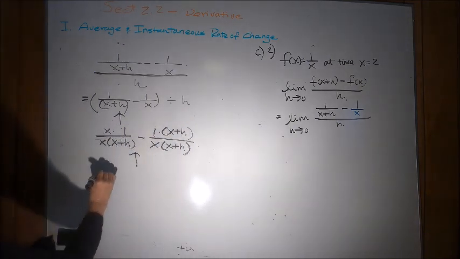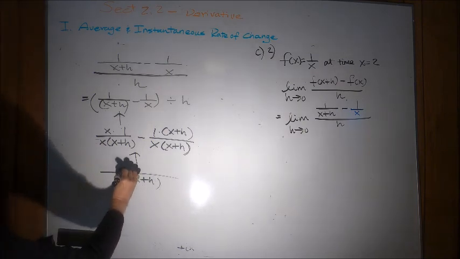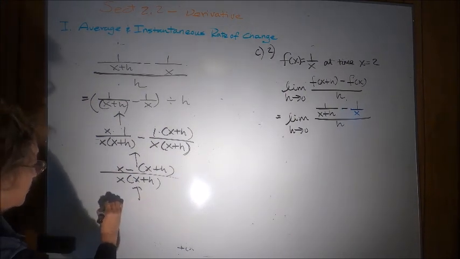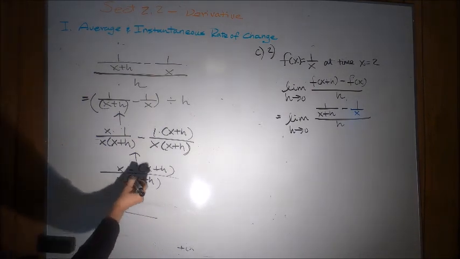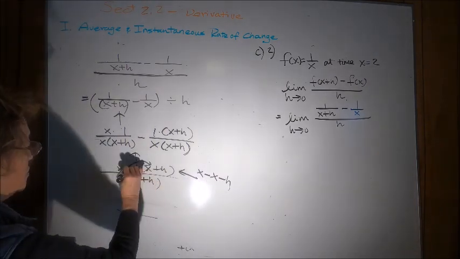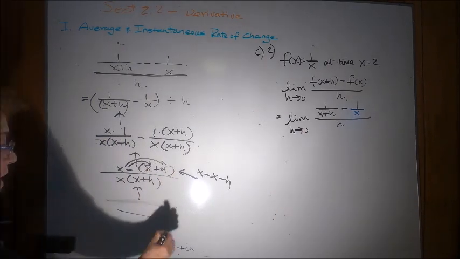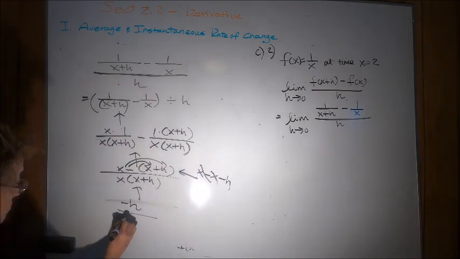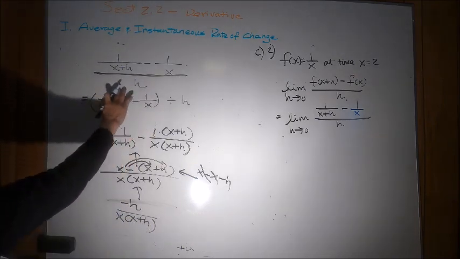Then you combine it, and it becomes one single fraction, x minus what? X plus h, right? Then you simplify it. You will have this. Then this would be x minus x minus h. You need to distribute your negative sign, right? So what do we have? We have negative h on the top, bottom will be like this, right? This is just the first fraction.